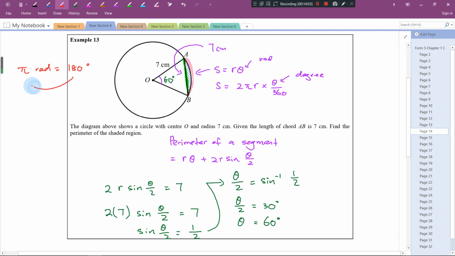Converting degree to radian, the number becomes smaller, because pi is just 3.14 something and this is 180. Small number on the top, bigger number at the bottom. So it will be 60 over 180 times pi radians.